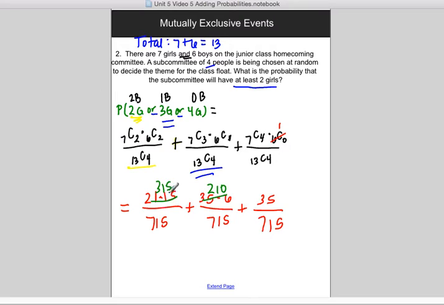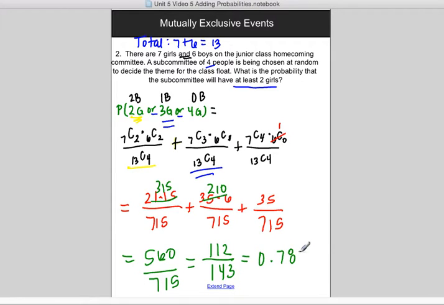So I would take 315 plus 210 plus 35, which gives me 560 over my 715. I would reduce that on my calculator. It's 112 over 143, and as a decimal, it would be 0.783.